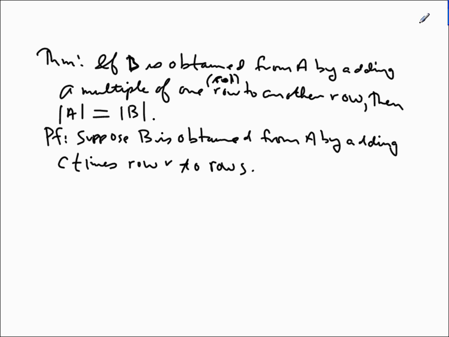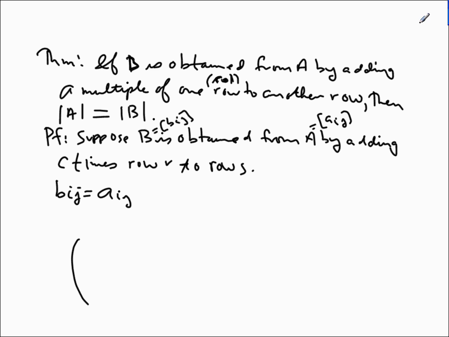Okay. So B will be denoted as Bij and A as Aij. A lot of times, Bij is just Aij.